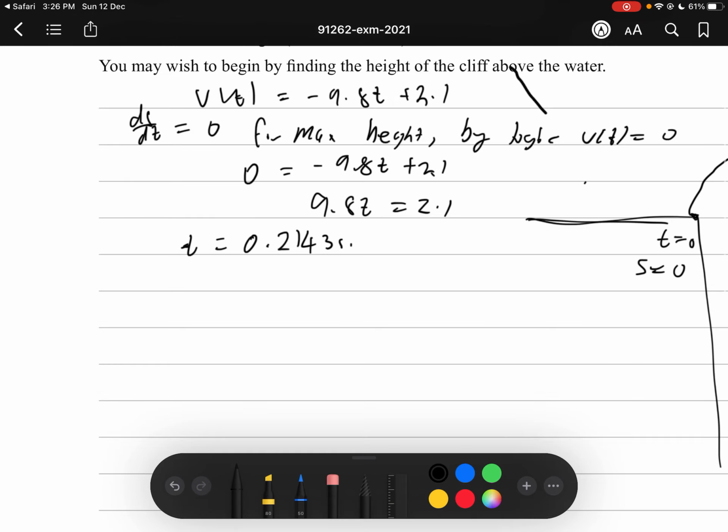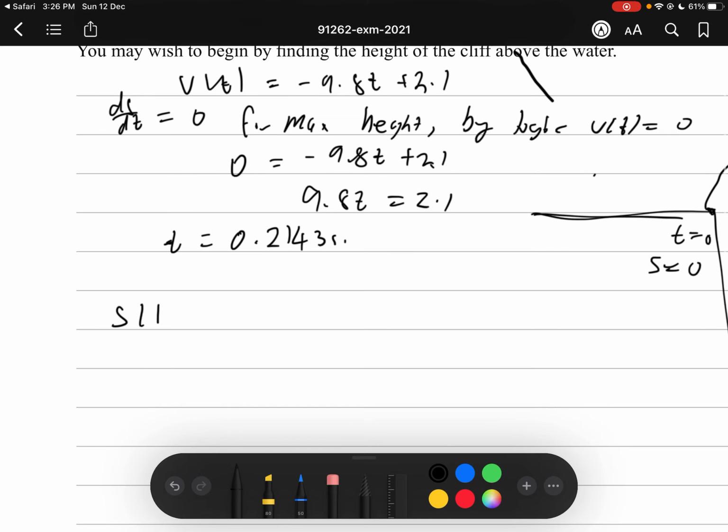So we can substitute t equals 0.2143 seconds into our s of t equation to find the distance traveled upwards in the first 0.2143 seconds. We know s of t is the integral of v of t with respect to t, which is the integral of negative 9.8t plus 2.1 dt.